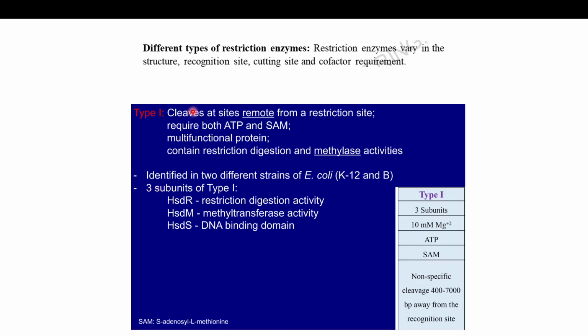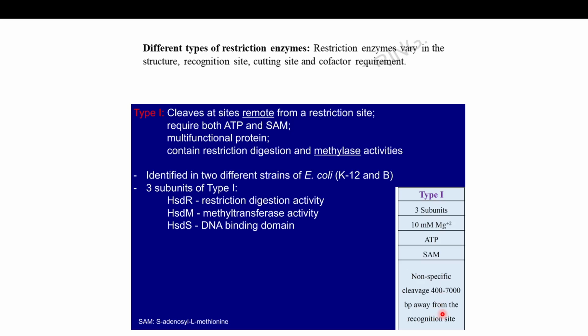Basically, this type 1 has three subunits, HsdR, HsdS and HsdM. R shows restriction digestion activity, M shows methyltransferase activity, which functions as a methylase, and S is the DNA binding domain, which renders specificity to the enzyme to bind at its specific recognition sequence. It requires magnesium ions for its function, and there is non-specific cleavage around 4,000 to 7,000 base pairs away from the recognition site.